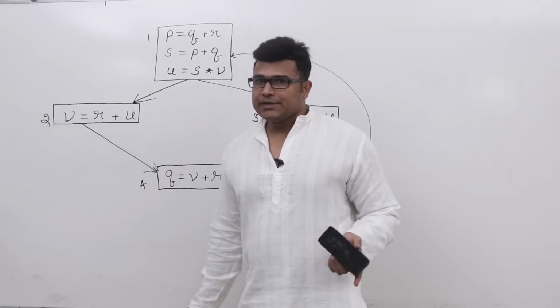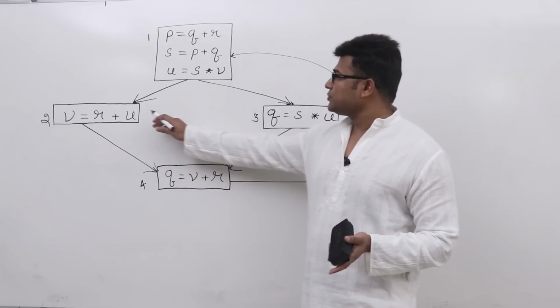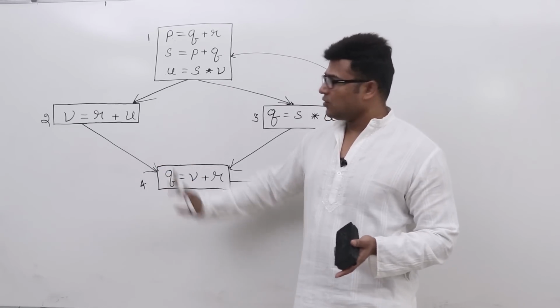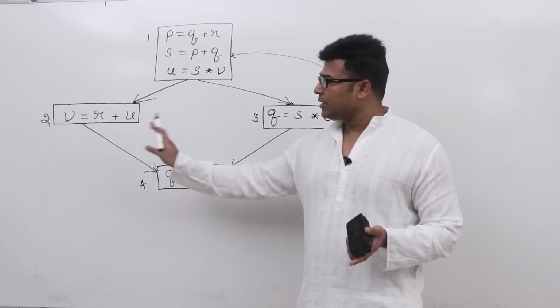At 2 and 3, let's analyze. Since they have asked only about 2 and 3, let's leave out 4 and 1 and analyze only 2 and 3.